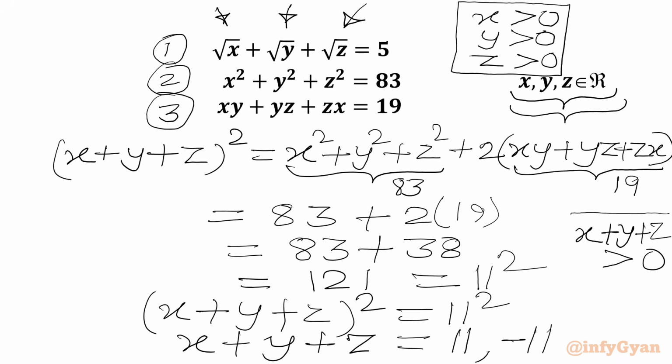But as per our condition, x plus y plus z must be positive. We will reject minus 11. So the accepted value would be x plus y plus z equal to 11 and this is our equation number 4.